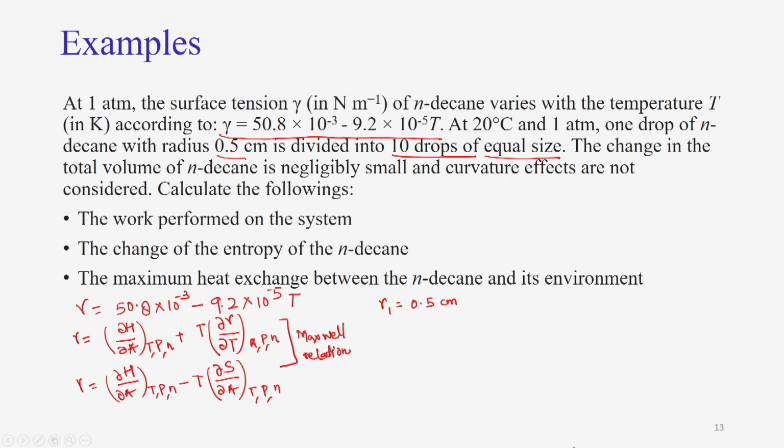It means the volume of one sphere or one drop, 4 by 3 pi R1 cube, equals 10 drops, 10 into 4 by 3 pi R2 cube. So, here we will get the value of R2, which comes out to be 0.232 centimeter.